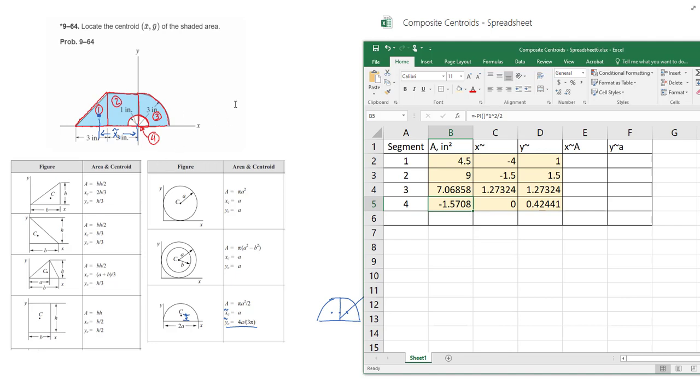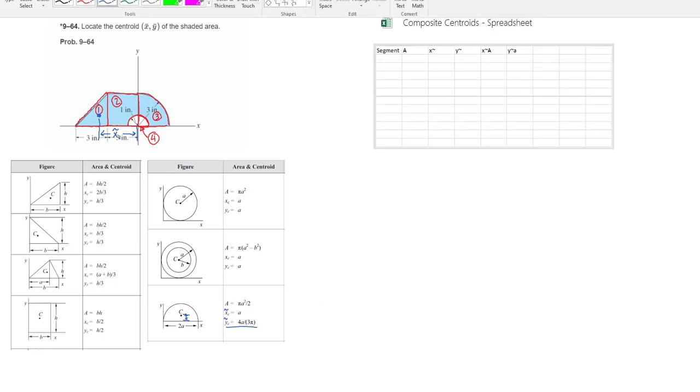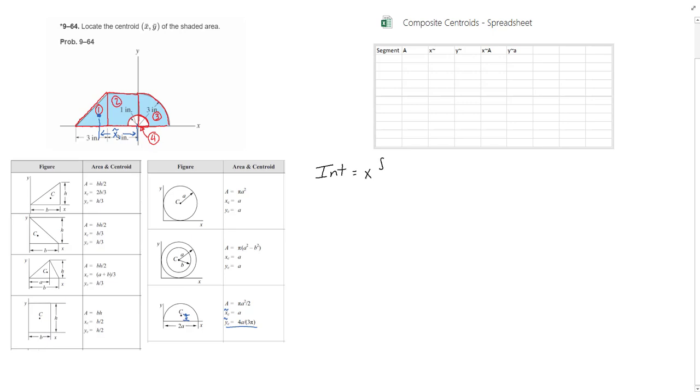Okay. I want to show you our key equations here. When we are doing integration, our key equation was x bar equals the integration of x tilde dA divided by the integration of dA. And that was all the little centroids in the x direction times all of the little areas.